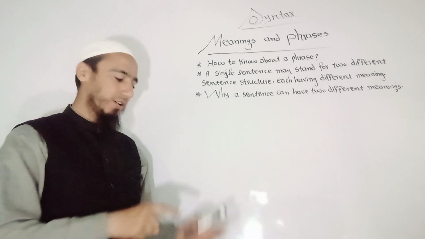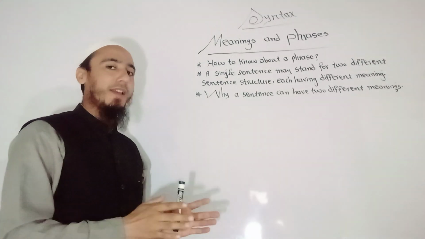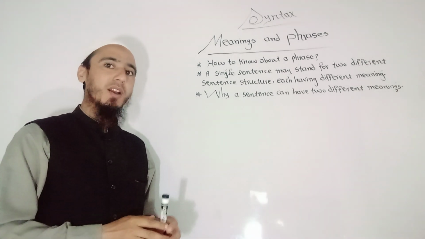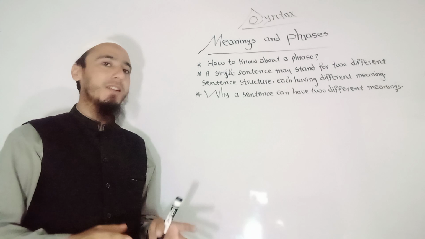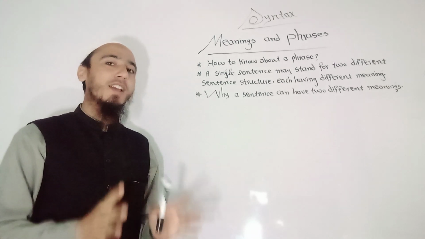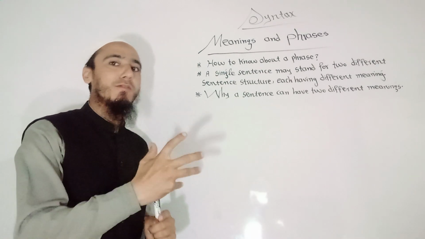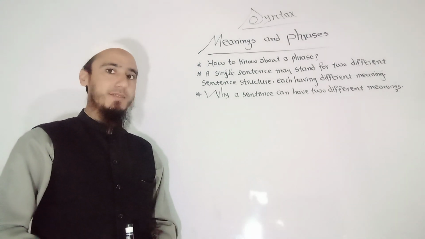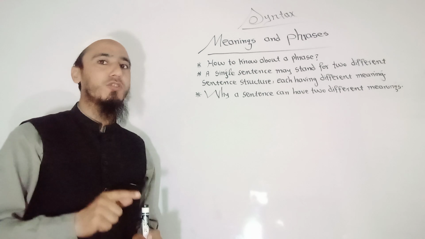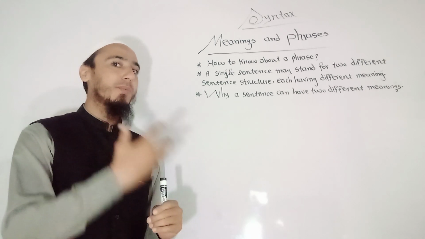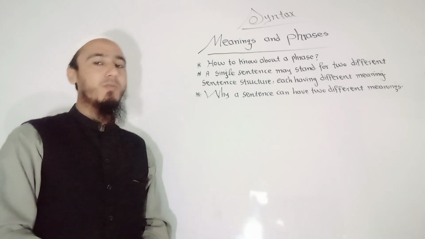I'm repeating. When we're talking about a phrase syntactically, or in the way of linguistics, we can say that a phrase is a group of words which can move from one place to another place. And a phrase is a group of words which can be replaced by a word or a group of words.